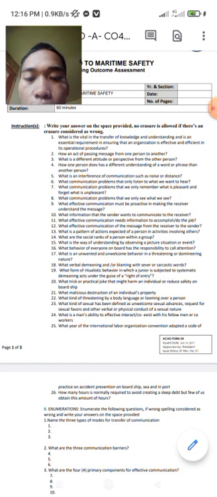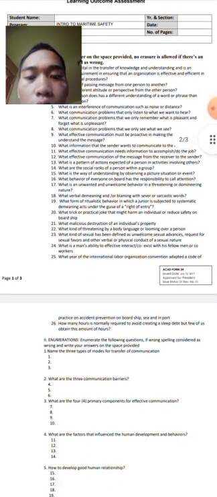So number 24, what is a man's ability to effectively interact or coexist with his fellow men or co-workers? That ability is human relations, or human relationship, or teamwork. And number 25, what year did the International Labor Organization Convention adopt a code of practice on accident prevention on board ship, at sea and in port?